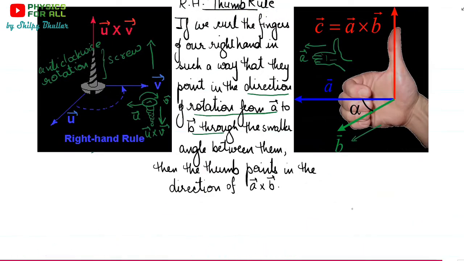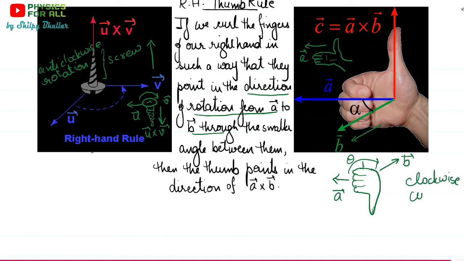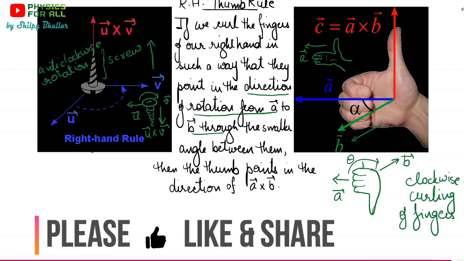Here again, suppose the fingers were stretched like here, and this was the direction of vector A, and now we have curled our fingers in the direction of vector B, which is here, and this is the angle between them. In that case, this is clockwise curling of fingers, and the thumb would definitely point downwards.